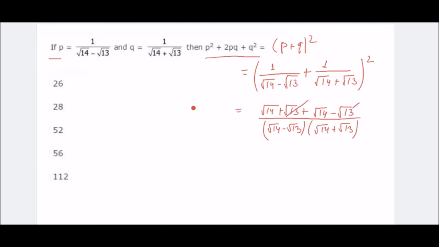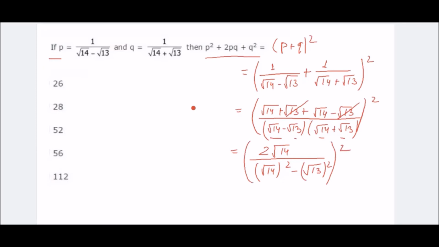So this one and this one are eliminated, whole square. Here root 14 plus root 14 becomes 2 root 14, and the denominator, a minus b and a plus b, becomes a square minus b square, so root 14 whole square minus root 13 whole square, the whole square.